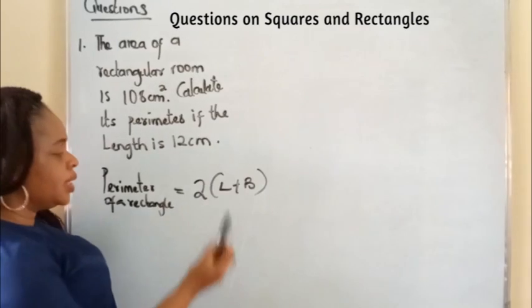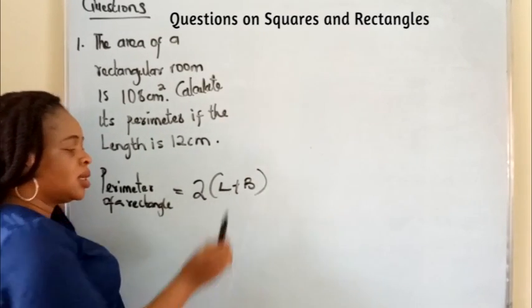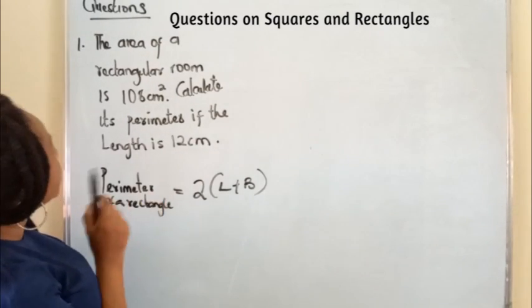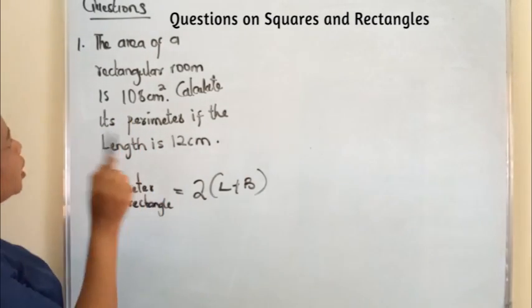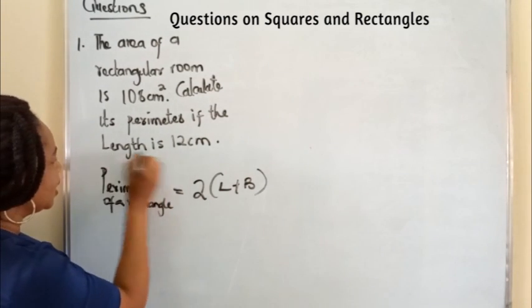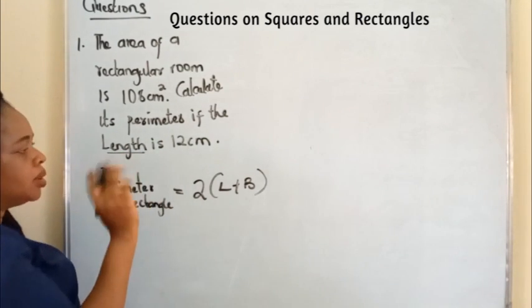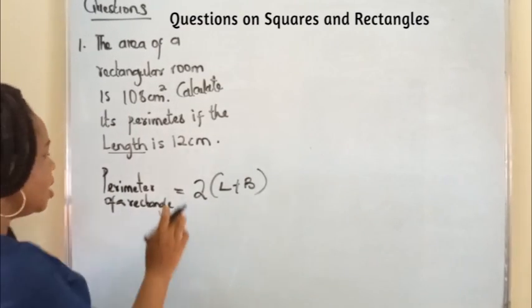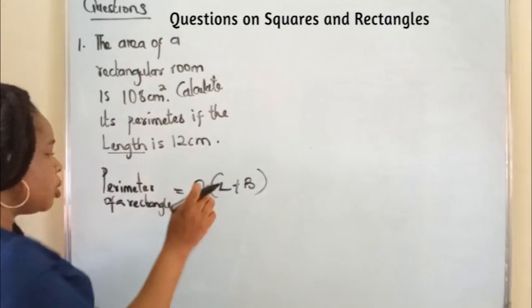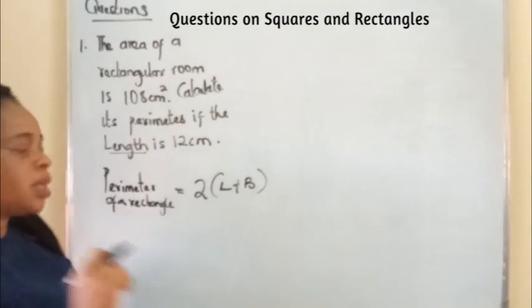So it means that I need the length and the breadth to solve this. But in this question, I can find the length, but the breadth is not here. It means using this directly is not possible, but it's going to be possible through another step.